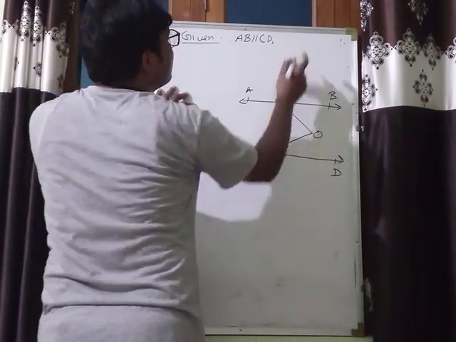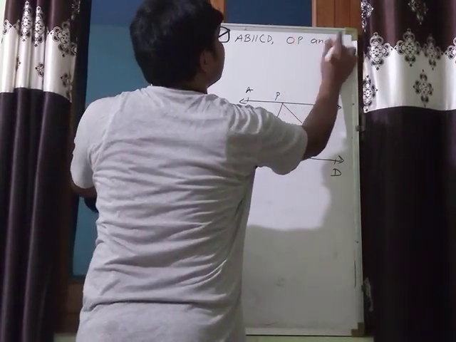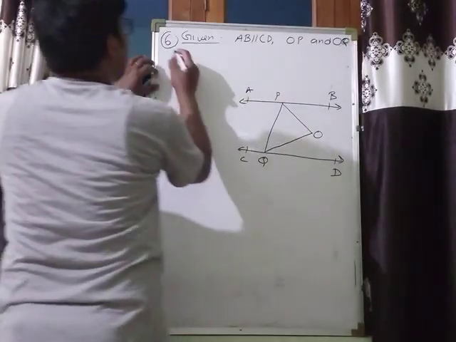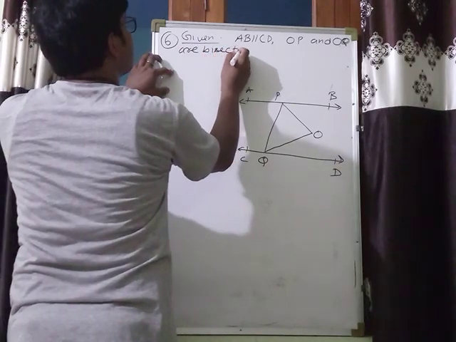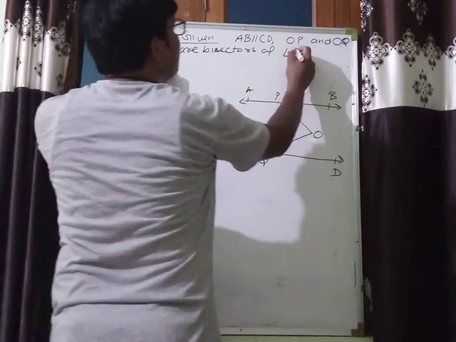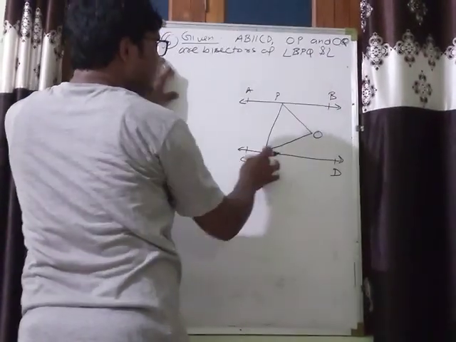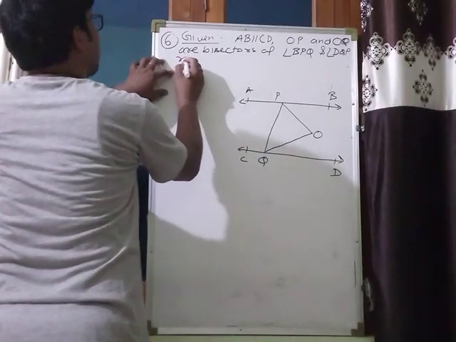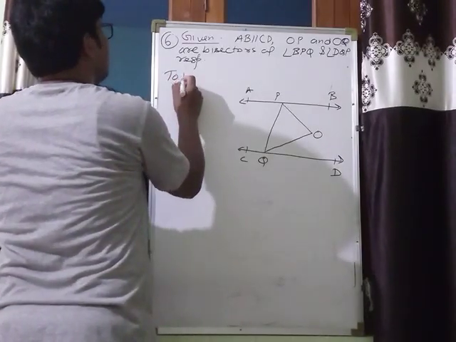PO and QO, OP and OQ are bisectors of angle BPQ and angle DQP respectively. Okay?